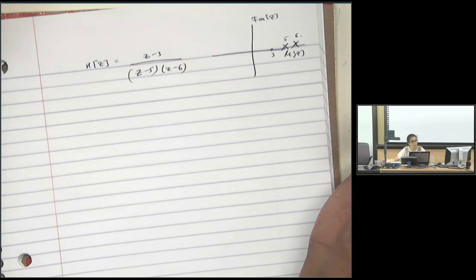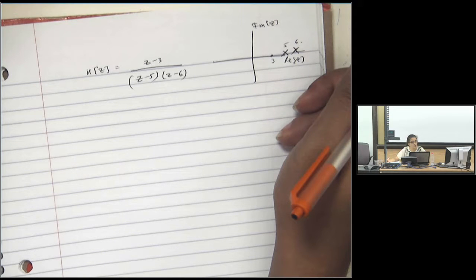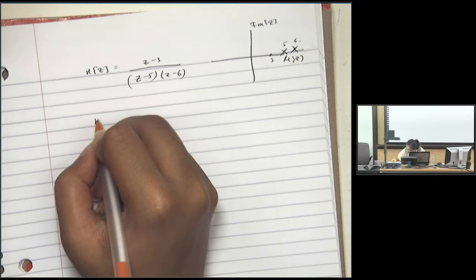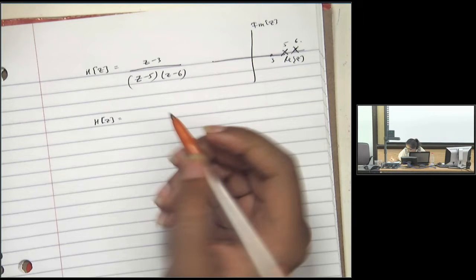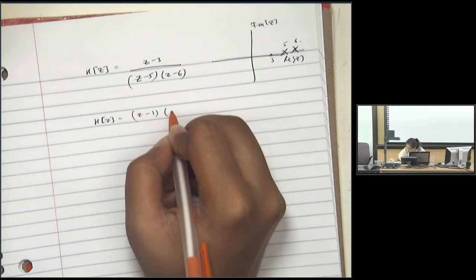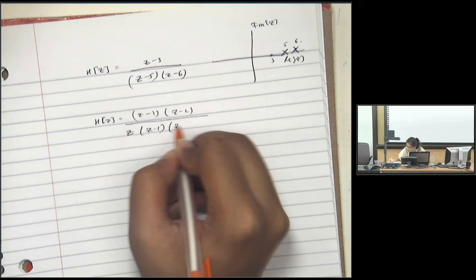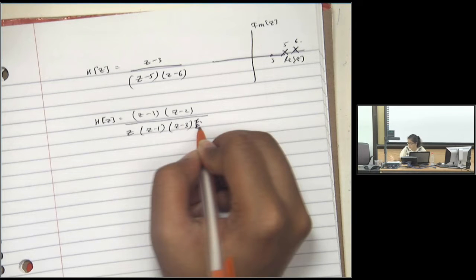Can we get an example where something cancels? Sure, let me think of an example. Let's say h of z is z minus 1, z minus 2, and here you have z minus 1, z minus 3. Yeah, I think that's enough.